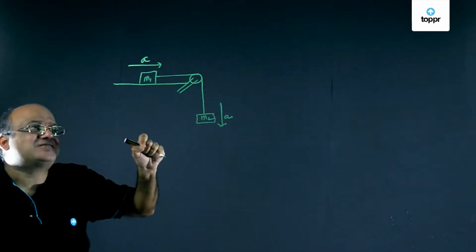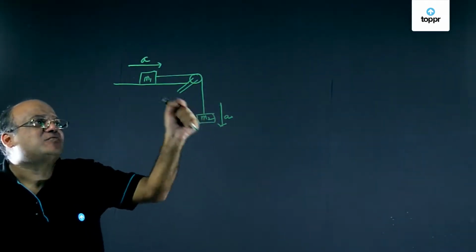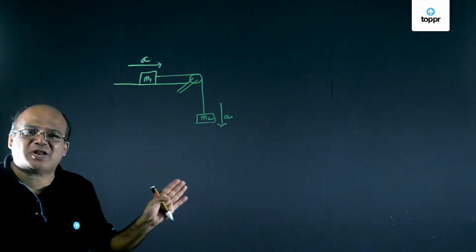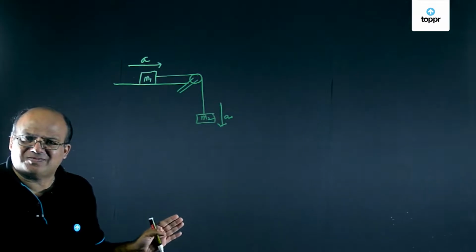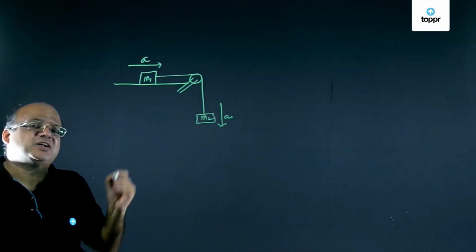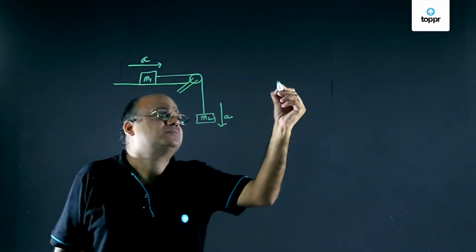So please understand that this mass will be able to accelerate down, whatever be the masses of m1 and m2. So this is the direction of acceleration. Now first let's draw the free body diagram of m1.